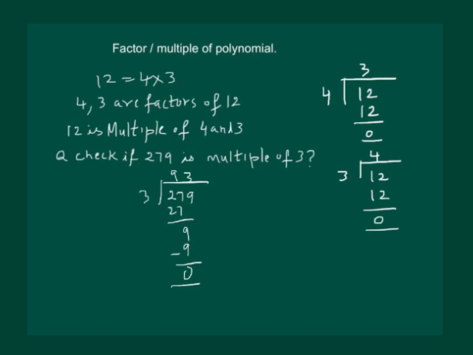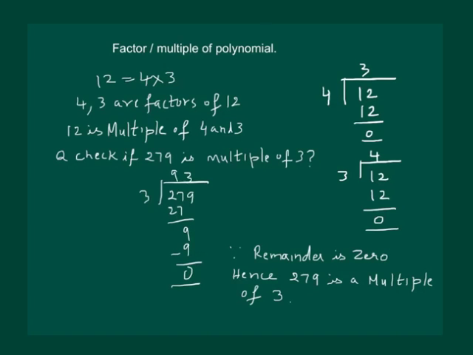So we can say that since remainder is 0, hence 279 is a multiple of 3. Same question can also be framed as to check if 3 is a factor of 279. Again we will have to divide and see if the remainder is 0, and since the remainder is 0, we can write that 3 is a factor of 279.